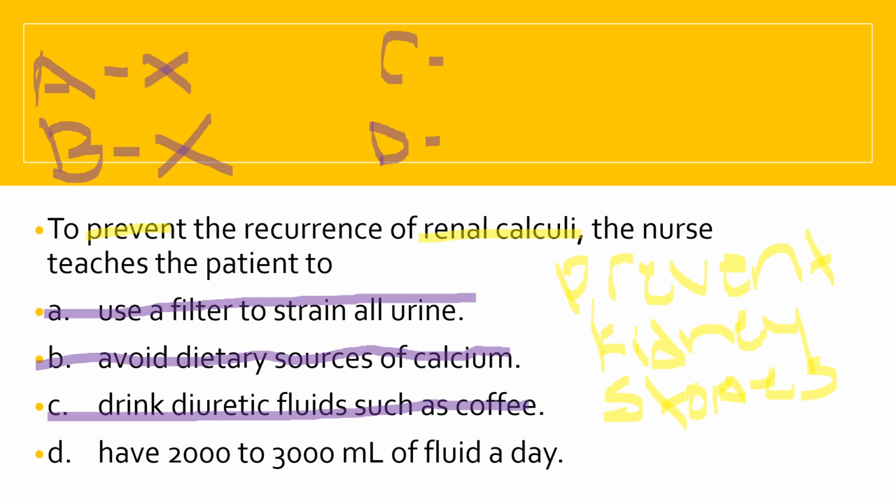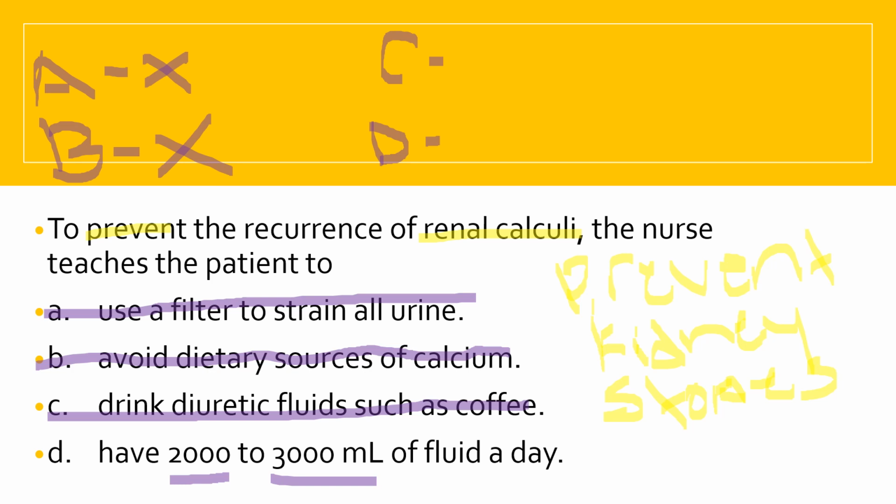That leaves us at having to drink 2,000 to 3,000 milliliters of fluid a day. Now, you might have seen 3,000 milliliters of fluid and you might have been like, wow, that's too much. But this is the most accurate and best way for your patient to prevent the reoccurrence of renal calculi.